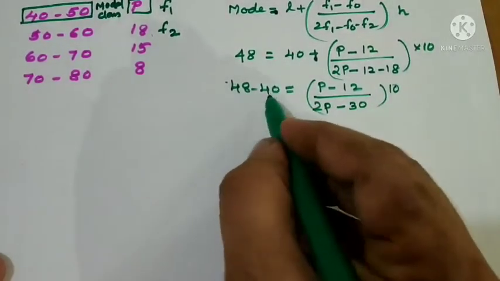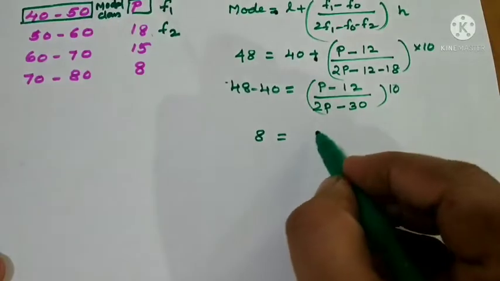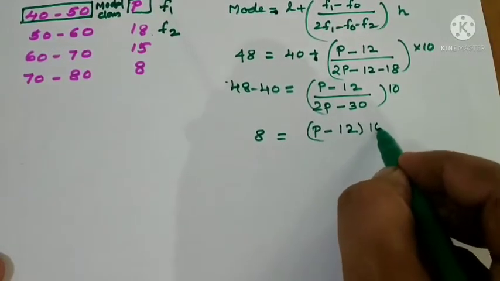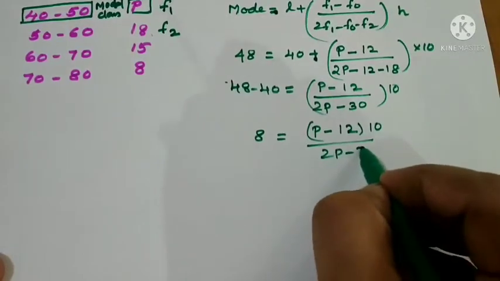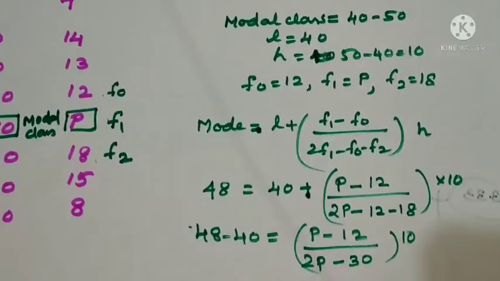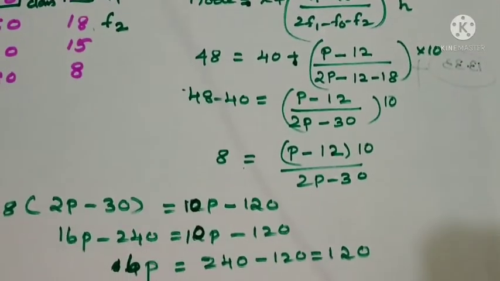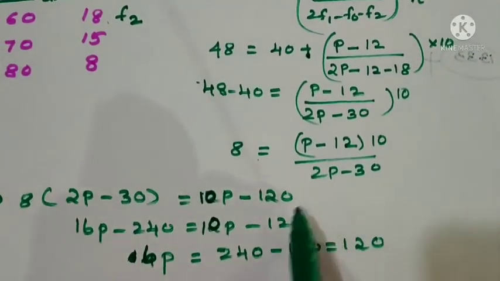So what is the answer here? 8 equal to P minus 12 into 10 divided by 2P minus 30. Cross multiplication: 8 into 2P minus 30 equal to 10P minus 120.